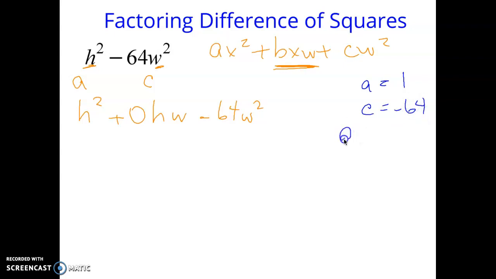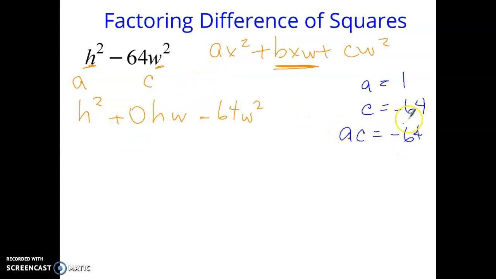So when I multiply those together, a times c, 1 times negative 64 is negative 64. So what I'm looking for is two numbers that multiply together to be negative 64, and they add together to be 0. Well, in order for them to add together to be 0, the numbers have to cancel out. They have to be opposites of one another.